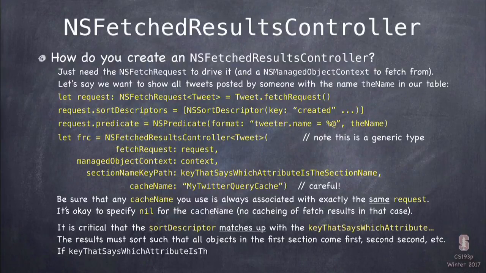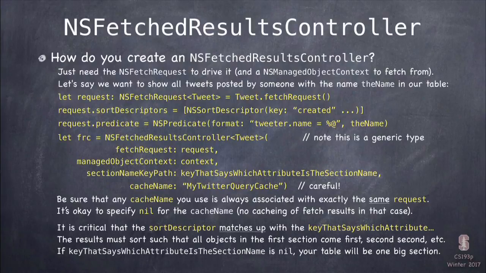And about that section key thing, something to be careful about there too is that whatever order your sort descriptors say your rows would sort in, that has to be exactly the same order that your sections would sort in. In other words, the fetched results controller doesn't know how to move things around if they sort out of order of their sections.